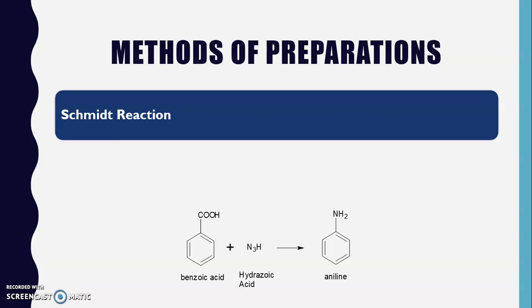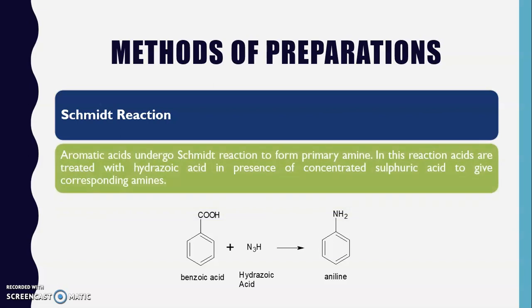In the Hofmann rearrangement, the aryl amides are first converted into isocyanates, and these isocyanates on hydrolysis are converted into primary amines. In this case also, the aromatic acids undergo the Schmidt reaction to form primary amines.